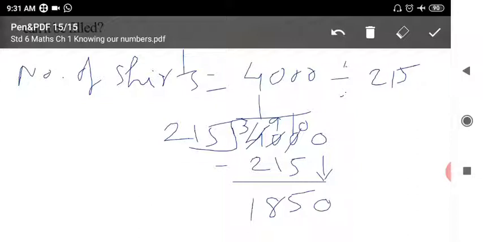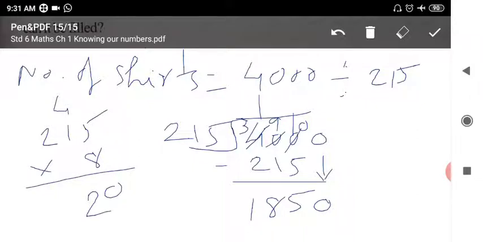Now it becomes 1850. So if you remember, just now only we have done 215 by 8. At that time we got 1720. Let's see once again. 215 multiplied by 8. 8 5s are 40. 8 1s are 8 plus 4 12. 8 2s are 16 plus 1 17, so 1720.